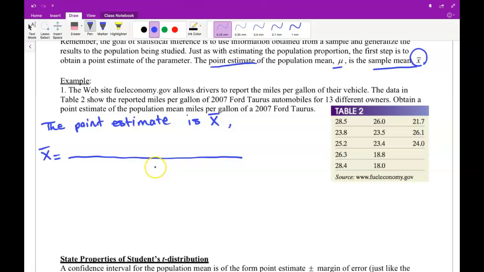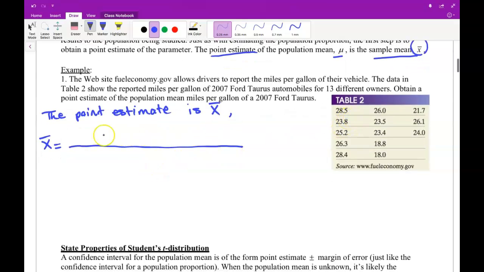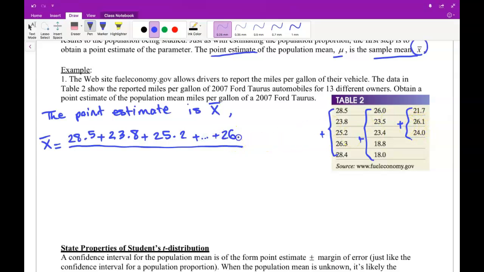We have 13, so the denominator is 13, and adding all these numbers on top: 28.5 plus 23.8, 25.2 plus, and so on, 26.1, 24, divided by 13.